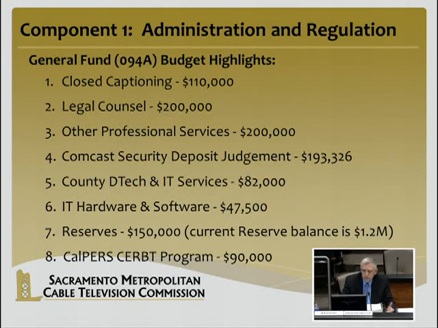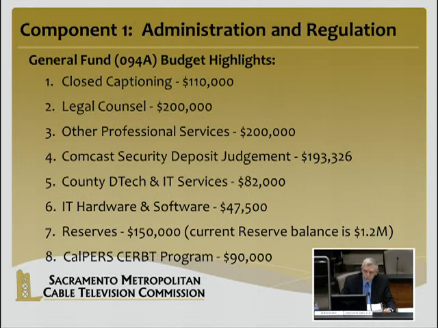There's a judgment that went against us for the Comcast security deposit lawsuit that happened several years ago. Even though that's on appeal, we do budget for a portion of that judgment so that we're prepared at the time that we would have to pay it, assuming that that doesn't change with the appeal.